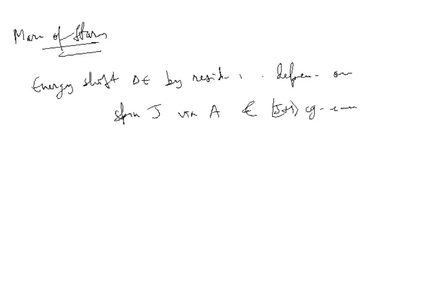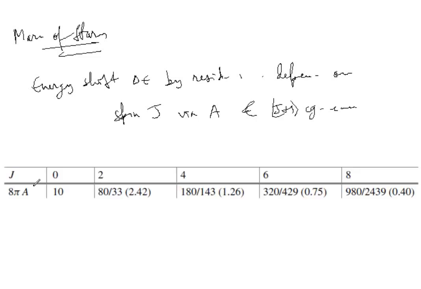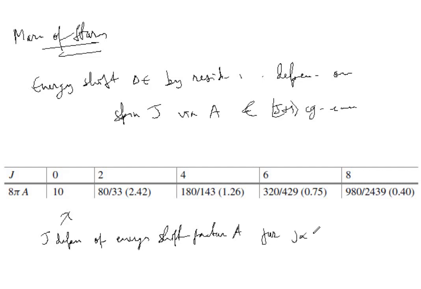If I plot the CG coefficients, here you see what I have shown you is the J dependence of the energy shift factor A, and this is shown for J alpha equal to J beta equal to 9/2.